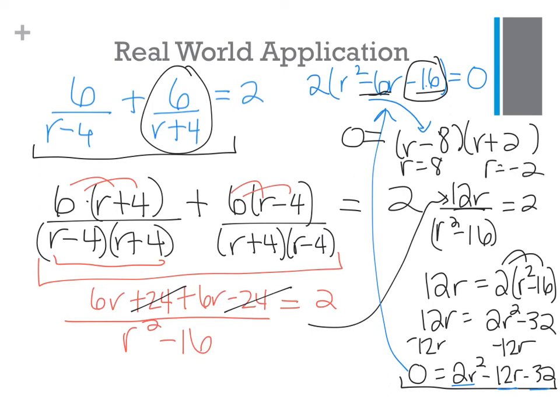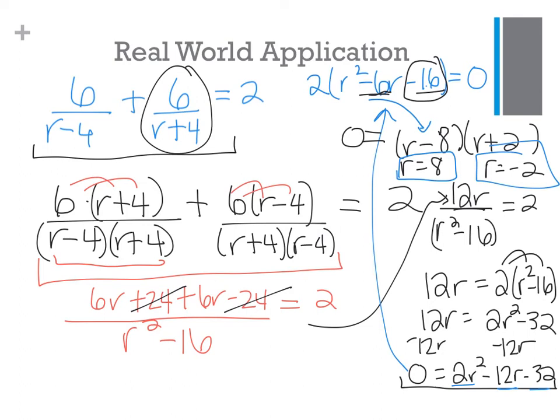Now, one thing I can see here, I have to check for extraneous solutions. Since we're solving for a rate, we have r equals 8 and r equals negative 2. I'm kind of skeptical that our rate can equal a negative quantity.